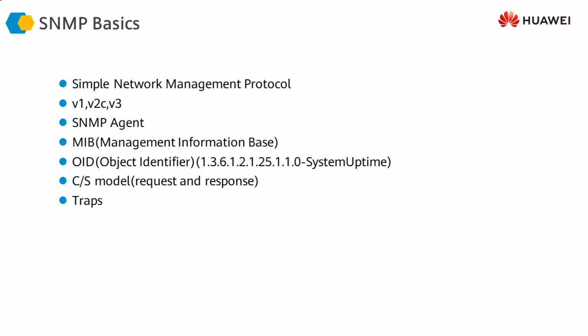SNMP, just like netconf, works on a client-server model, which means that the SNMP agent is the server and the NMS acts as the client, because the NMS is requesting the information, so the SNMP agent becomes the server. And then there is a concept of traps. Under normal circumstances the NMS station requests information from the SNMP agent sitting on the devices.